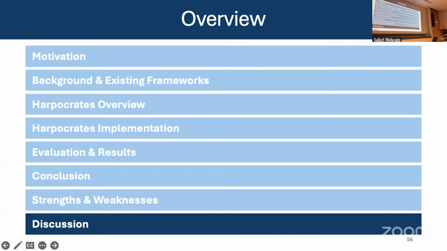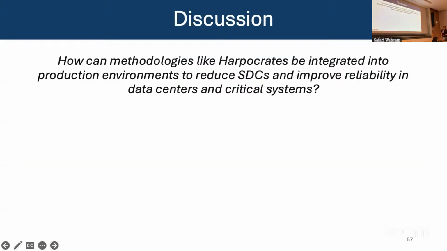Okay, so now moving on to discussion. The first one would be how this methodology, like Harpocrates, can be actually integrated into production environments.